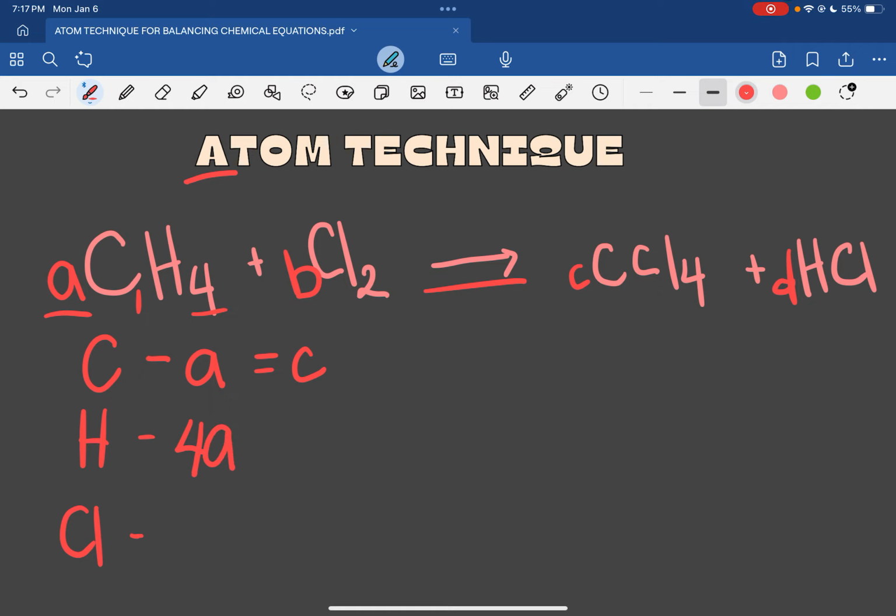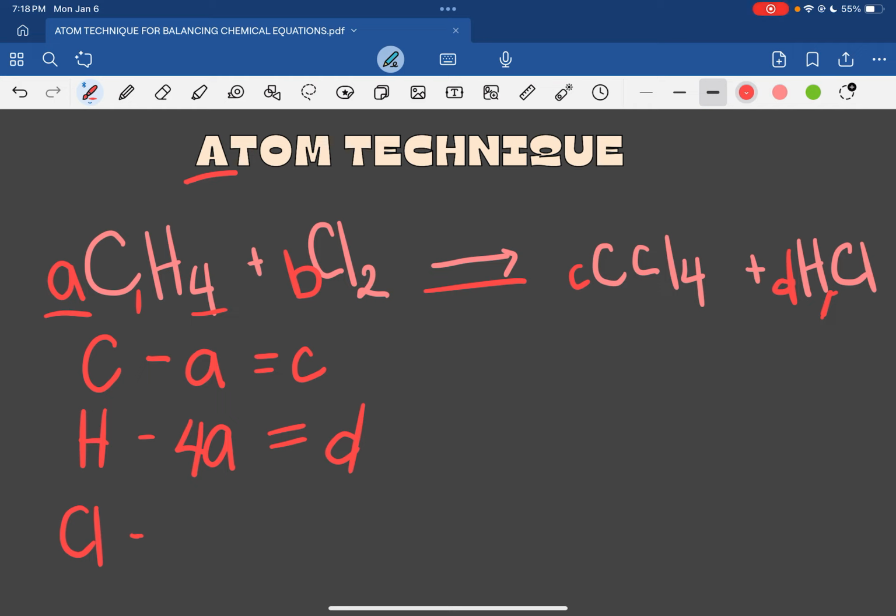Then on our second substance, we do not have hydrogen atom, and we're going to put the equal sign. Let's go to the product side. On our third substance, there is no hydrogen atom again, so we're going to move on to the fourth substance, and we can see that there is 1 hydrogen atom there. So 1 times D would become D.